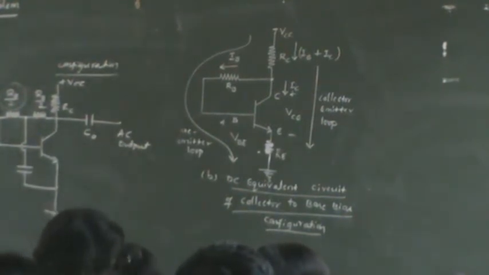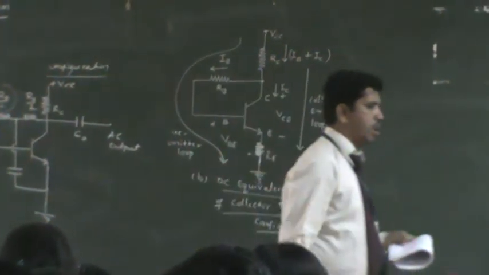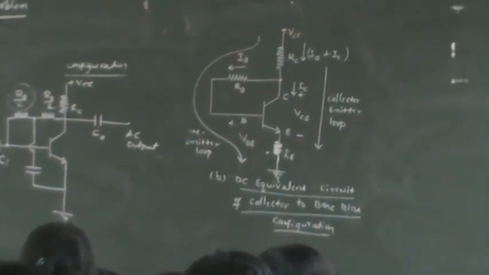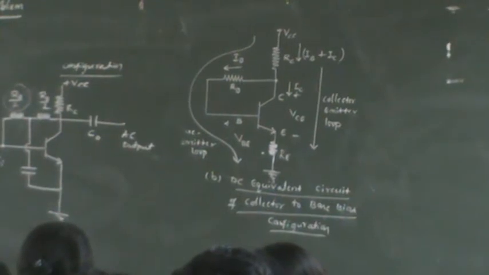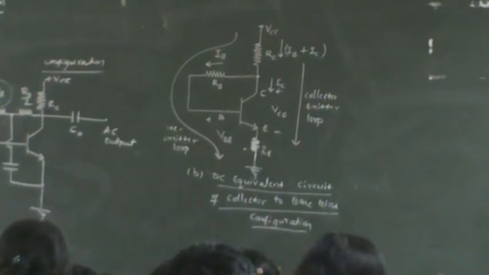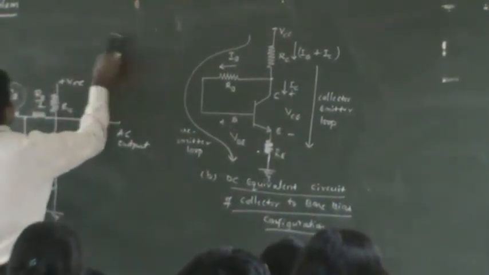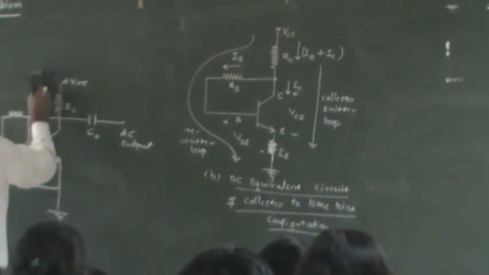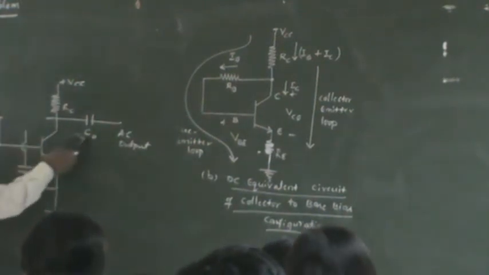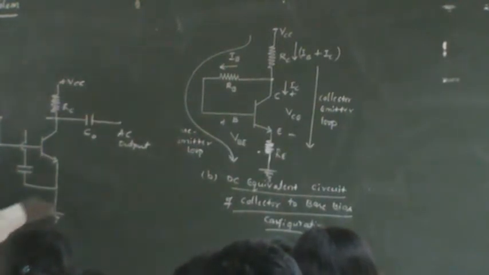Also find the percentage change in the value of the operating point when the value of beta increases by 50%.